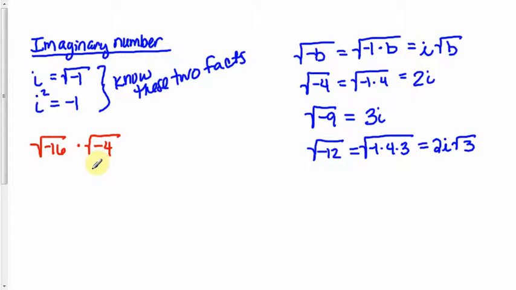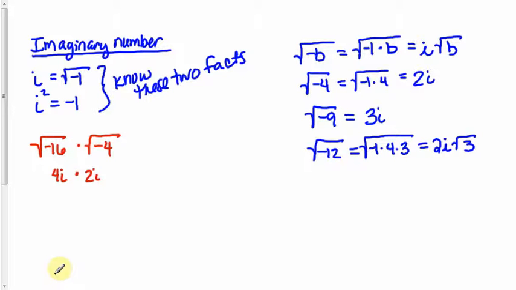So we handle the imaginary stuff first. The square root of negative 16 would be what? 4i. The square root of negative 4 would be 2i. We did it over here.